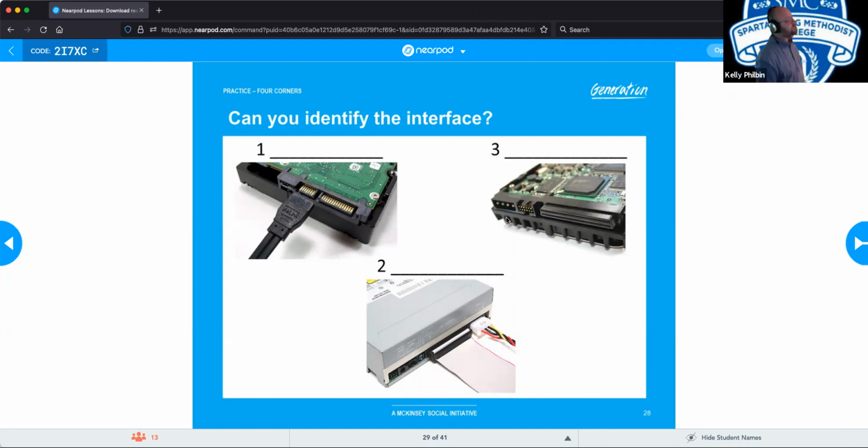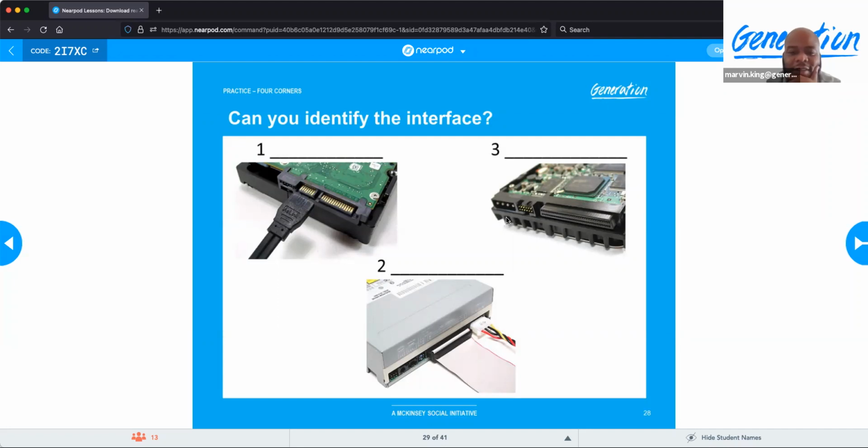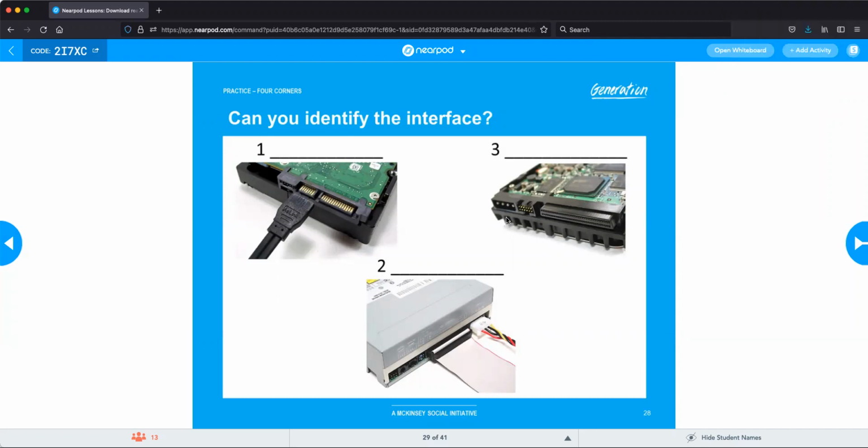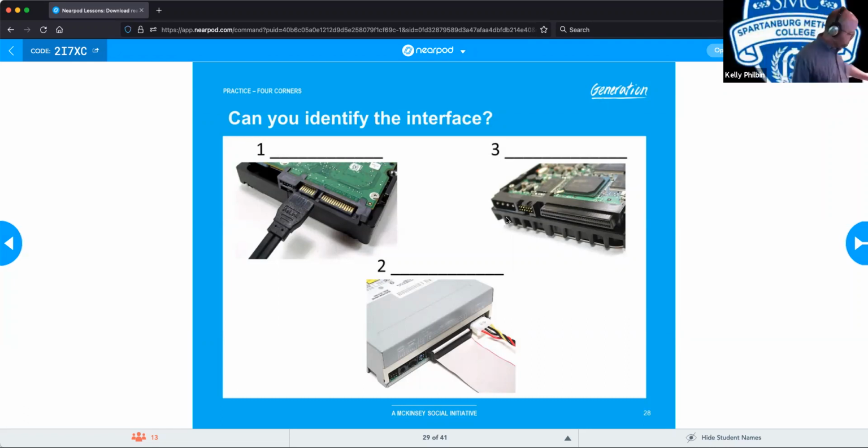You there, Kaylin? Try somebody else, sir. All right. Chris K. What is number 1, please? SATA. That is a SATA connector. Very good.